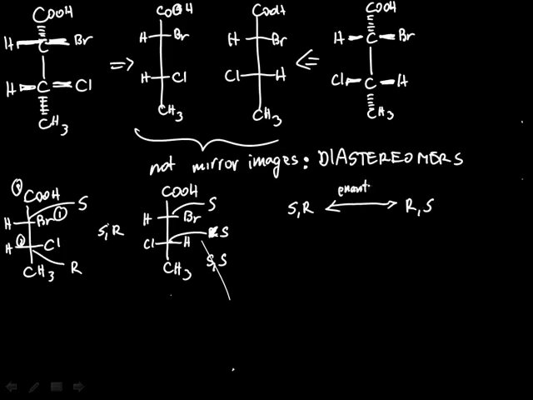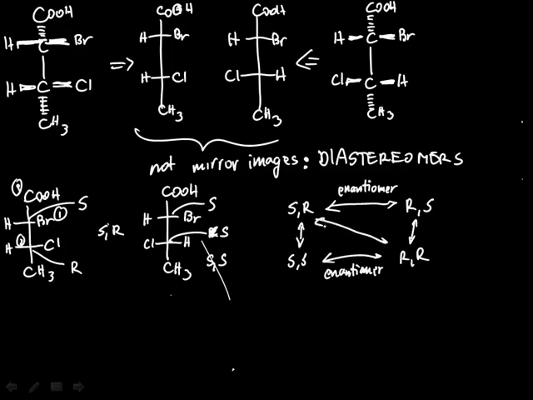So this will be an enantiomeric relationship. And the same will apply to SS switching into RR. But all the other pairs where not everything switches, but just parts of the molecule, are diastereomeric.